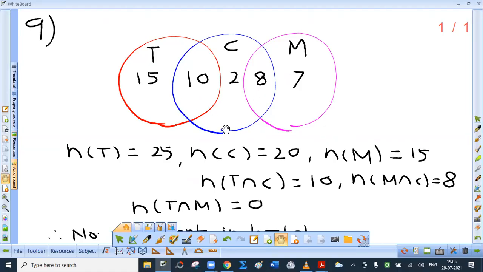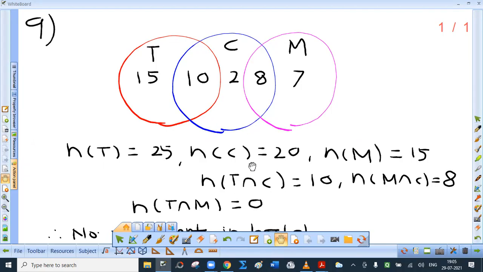Actually, we have to begin by saying let T stand for the set of students who take tea and so on. I haven't written that, but in the exam you are supposed to write. So these are given. Now, students taking tea and coffee, so 10. But 25 take tea, so as 10 of them take coffee, remaining 15 take tea only.